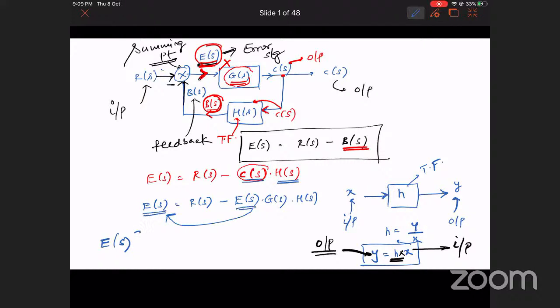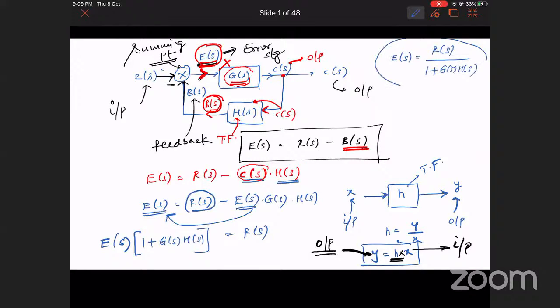If I take E of s common, what will we have in the bracket? 1 plus G of s into H of s, which is equal to R of s. Finally, I can write the E of s formula as R of s divided by 1 plus G of s H of s. I hope you understood this.